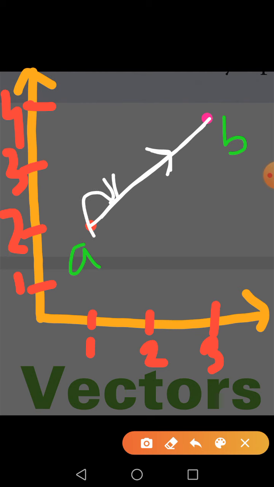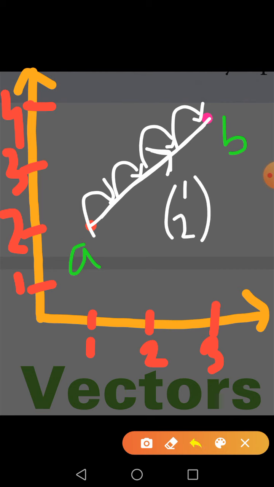Each of your steps might have a value of 1 unit, or each of your steps might not have a value of 1 unit. By 1 unit, I mean that you are taking 1 step in the x direction and 1 step in the y direction. Okay?